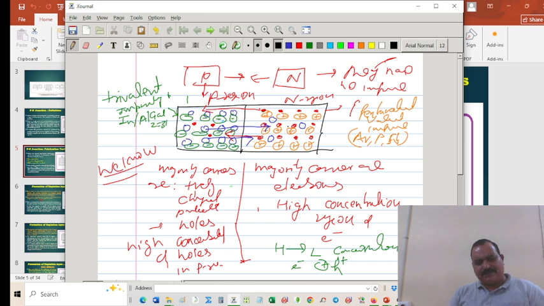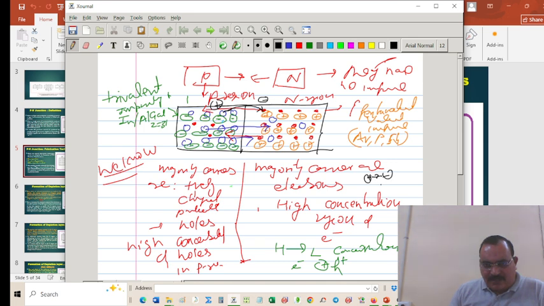Now what happened? If this is the situation, see the whole PN junction. If I have this hole and this free electron, because this is negatively charged and this is positively charged, they start combining, positive and negative.